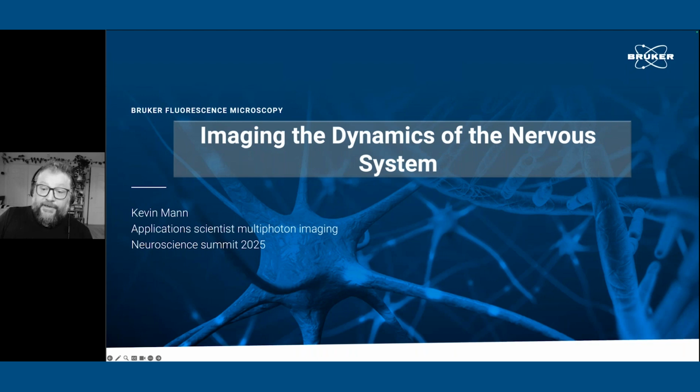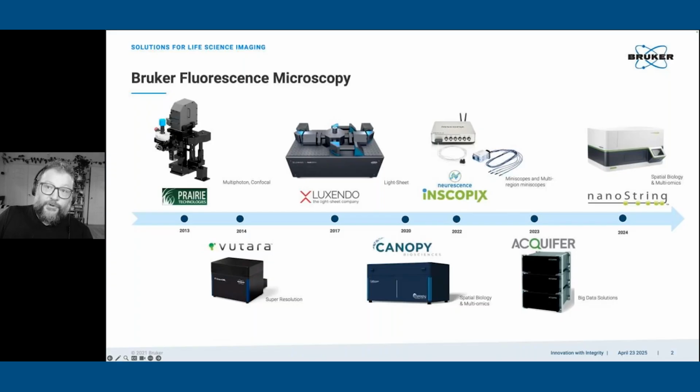So just really briefly, Bruker fluorescence microscopy consists of several smaller subdivisions of different companies that Bruker has acquired over the years. I specifically work with multiphoton imaging, as Sarah mentioned, which comes from the original Prairie microscopes, purchased quite a while ago at this point, super resolution microscopes, light sheet microscopes, miniscopes and multi-region scopes, and you'll hear more about new miniscope technology later in this session, of course.